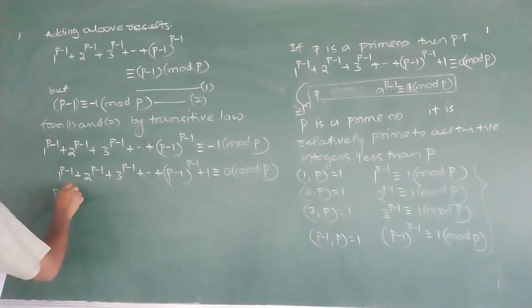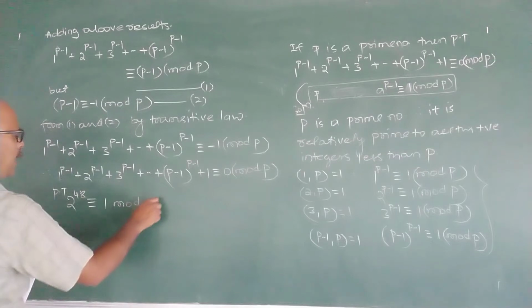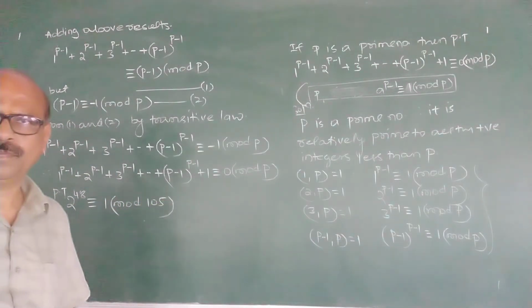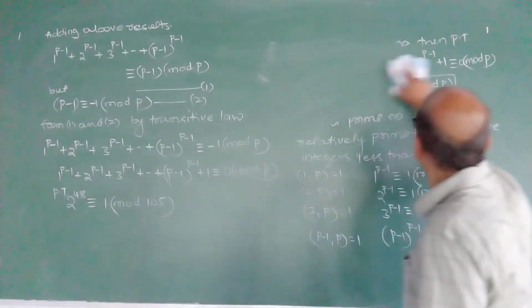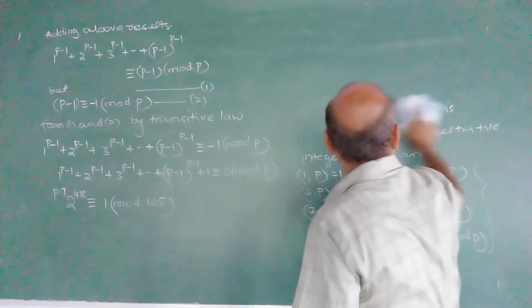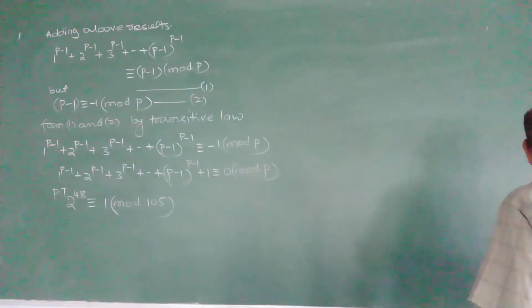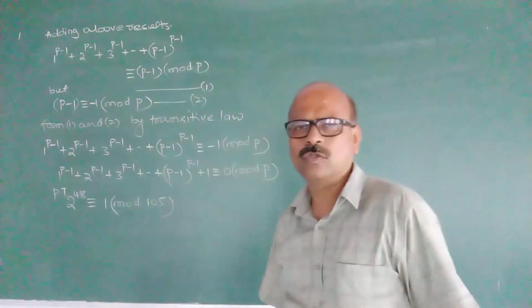Prove that 2 raised to 48 is congruent to 1 mod 105. See the application of Fermat's theorem, and also some more results on prime numbers you have to use.